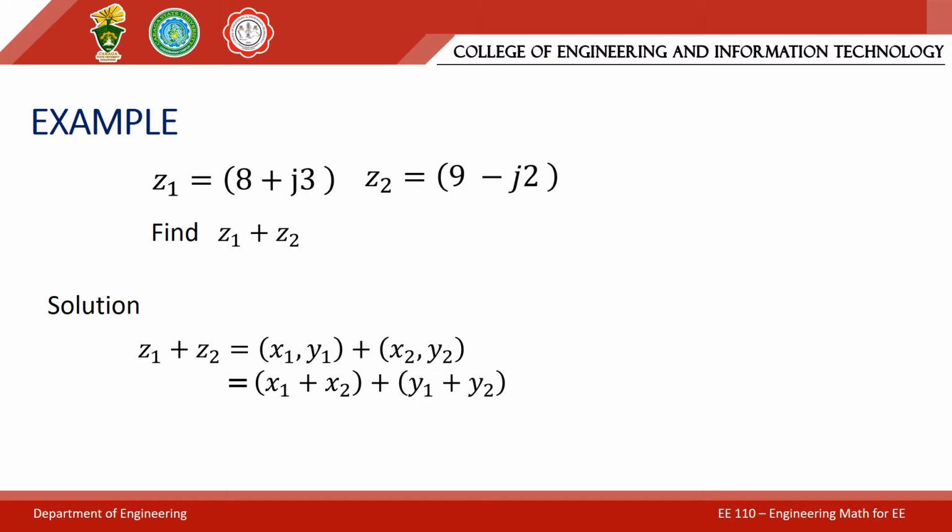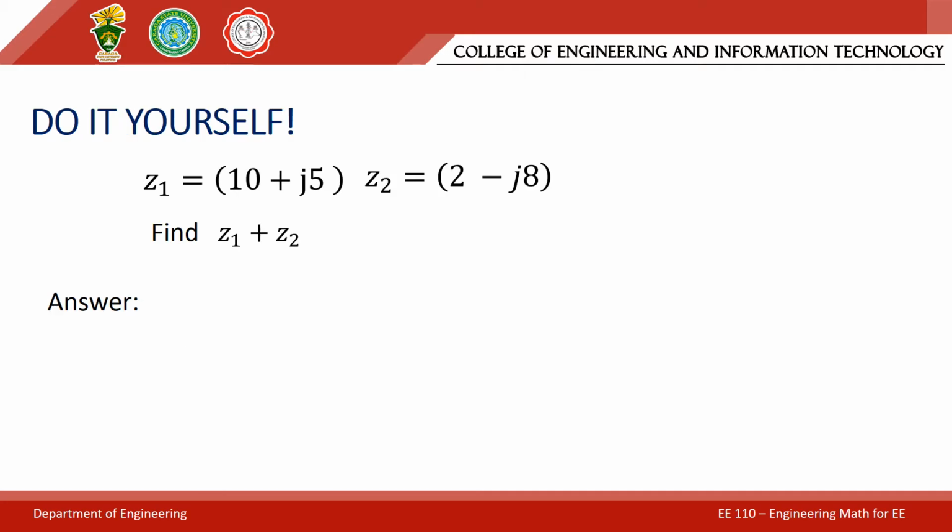Your x term as your real part and your y term as your imaginary part. So now we have to substitute the values for x1, which is equal to 8, and for your x2, which is equal to 9. Then the value of your y1, which is equal to j3, and your value of y2 is equal to negative j2. Thus, our answer here we have 17 plus j.